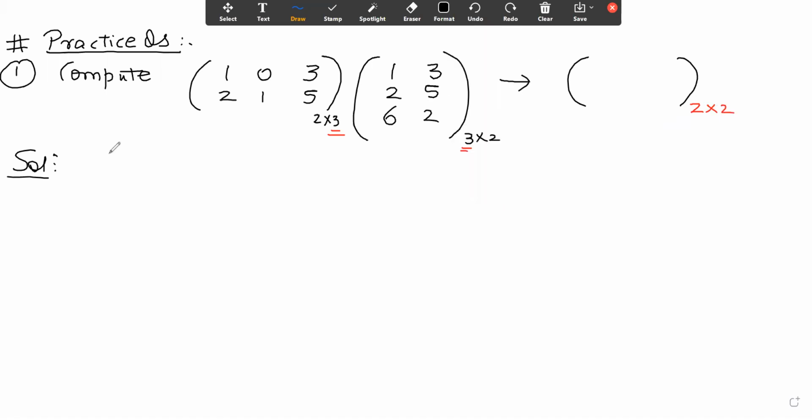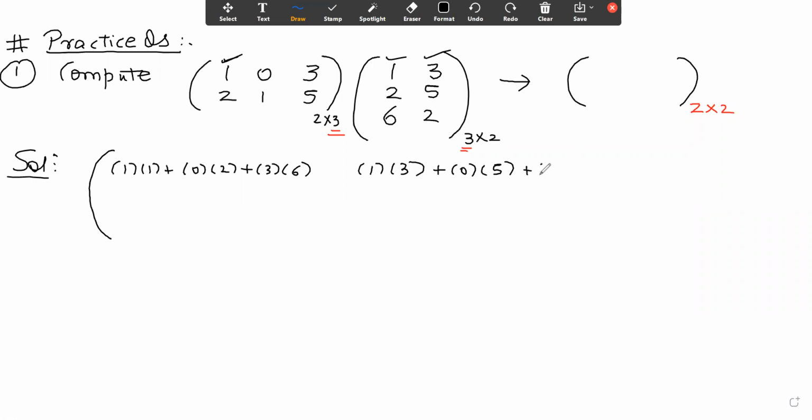Now how will I find that matrix? 1 into 1 plus 0 into 2 plus 3 into 6. That gives me the first element. Then 1 into 3 plus 0 into 5 plus 3 into 2 gives me the second element.